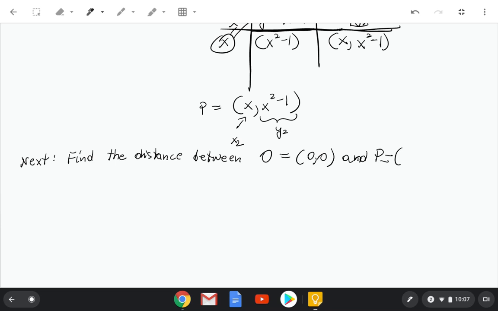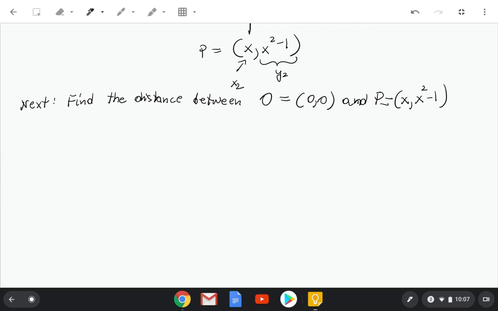P is your x, and y satisfy the equation, which we're going to replace y with x squared minus 1. Okay, so this comes from the equation. So we're going to plug it into the distance formula. So again, we have x1, we have y1, and we have x. From point P, it's your x2, and that's your y2.